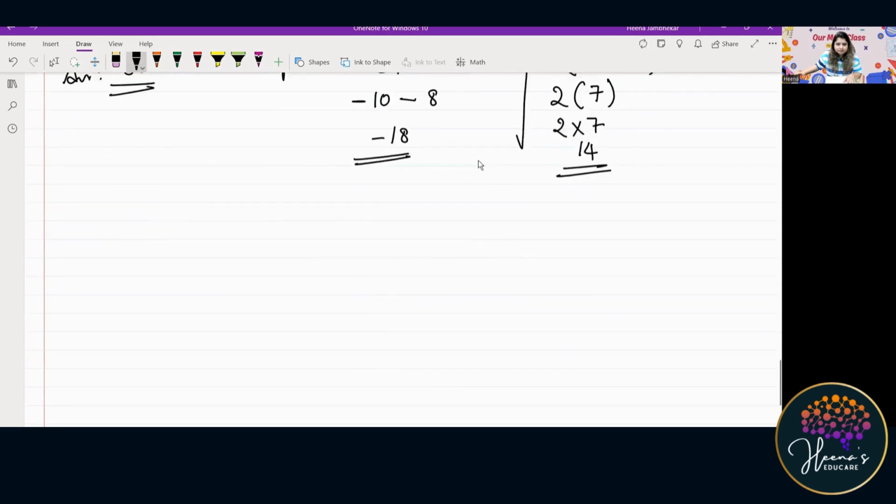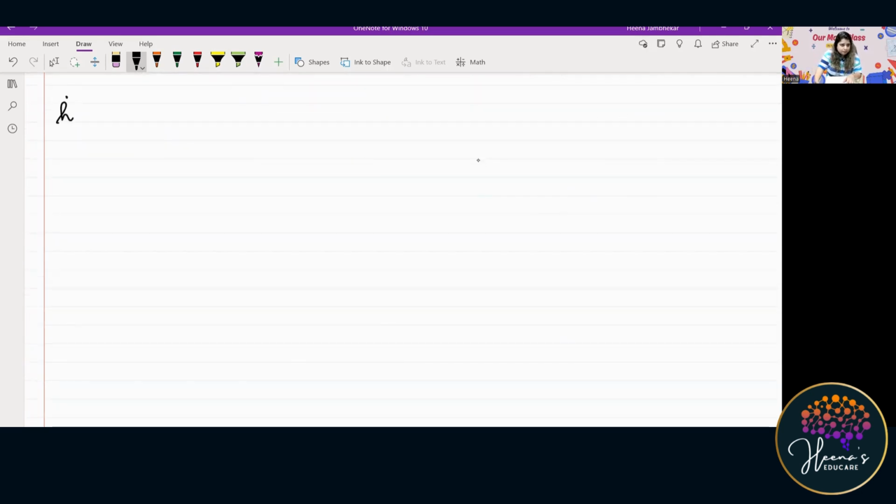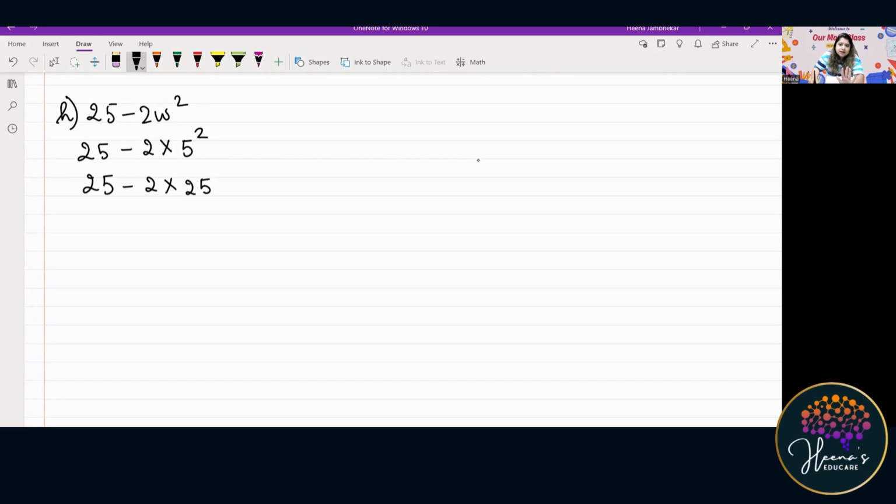Let's move on to the next sum. You have 25 minus 2w square. Now, 25 minus 2 into 5 square. 25 minus 2 into 25. Please do not subtract first. BODMAS.